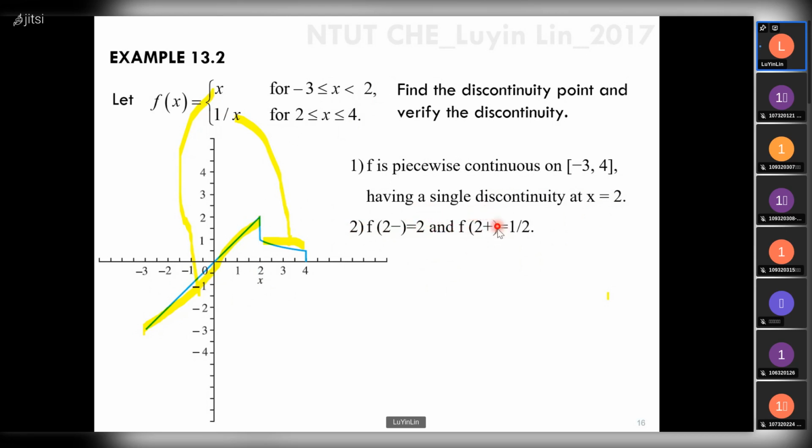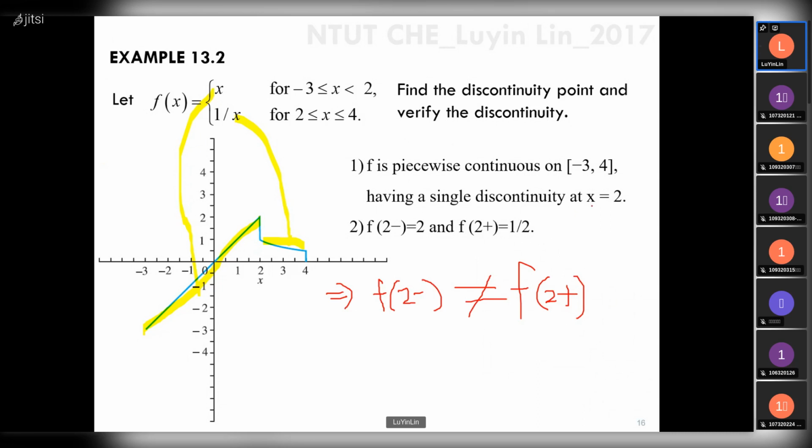Okay? And how about f of 2 plus? That means you go from the right-hand side to 2, from here to here, and you have this one, which is 1 over 2. So you have to show that f of 2 minus is not equal to f of 2 plus.